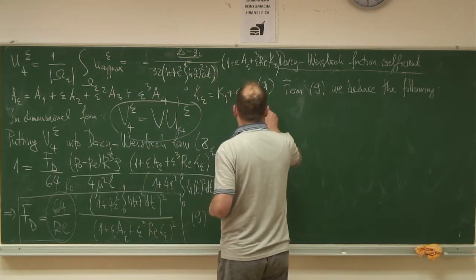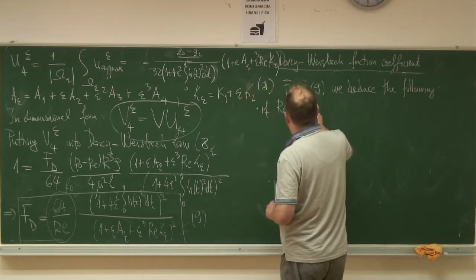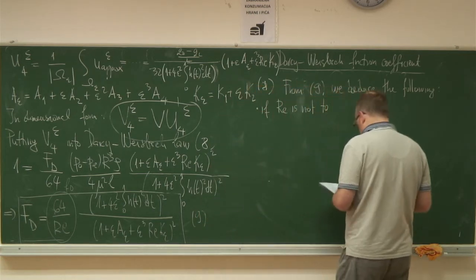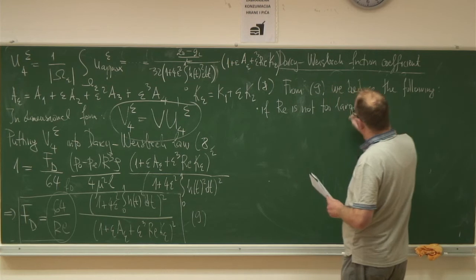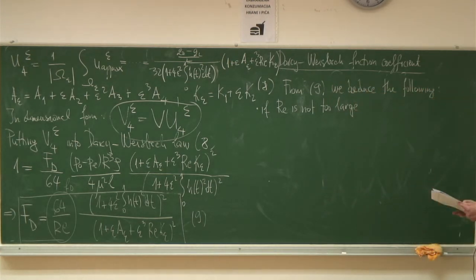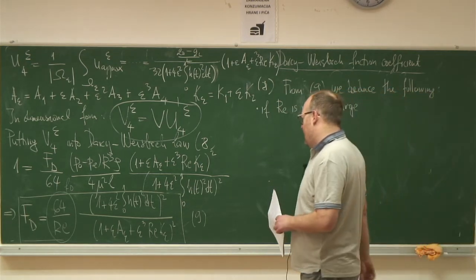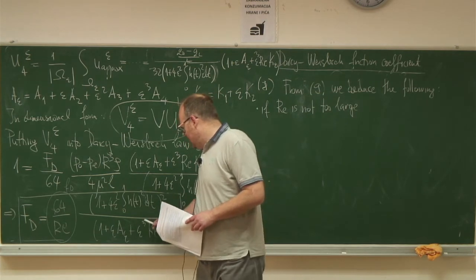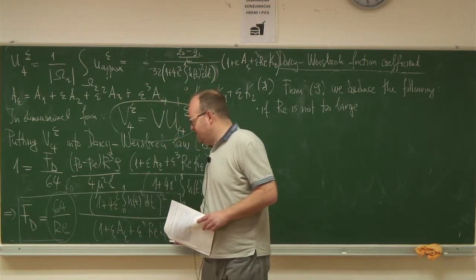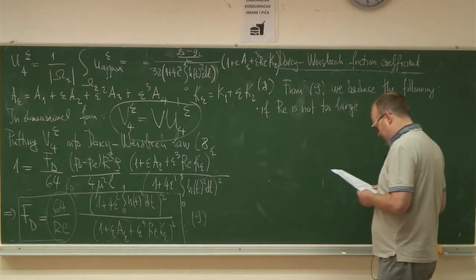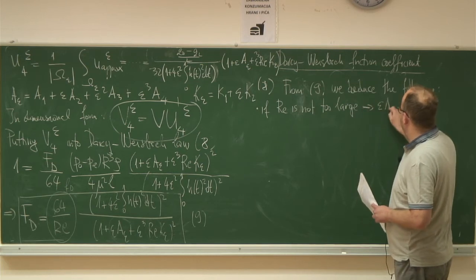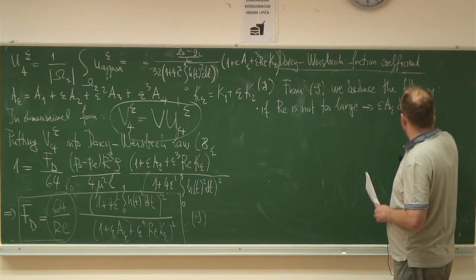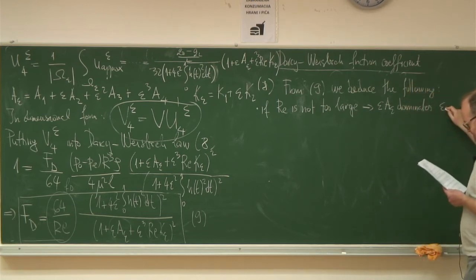First, if Reynolds number is not too large, so we have a slow flow, then this is small. Then this guy here obviously dominates this one here.